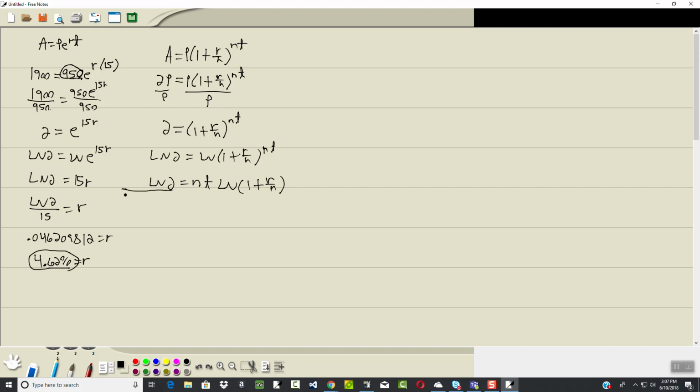So divide both sides by n, natural log of 1 plus r over n. Those n's cancel, these natural logs cancel. You got t is equal to natural log of 2 over n natural log of 1 plus r over n.